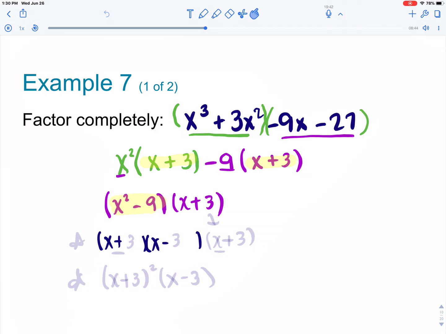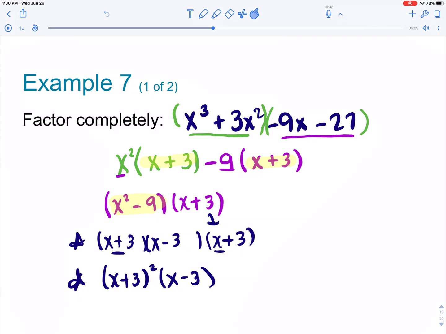And then what times what makes 9? 3 and 3. And then I bring down that other x plus 3 from right there. Now that is your answer, but if you want to write it a little simplified, you can say that it's going to be x plus 3 quantity squared, because there's 2 of them, and then x minus 3 as your final answer. I think my math lab would take either one of those answers.